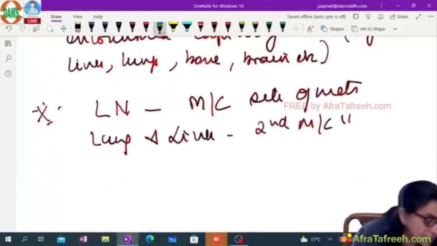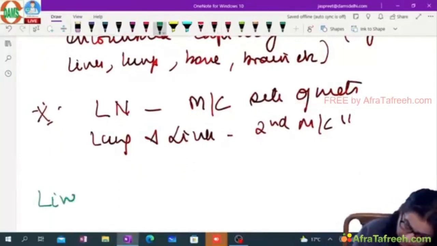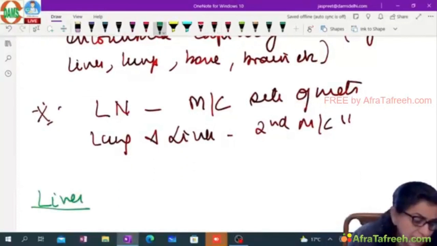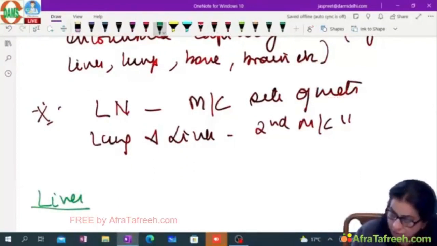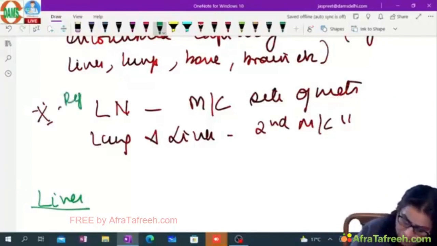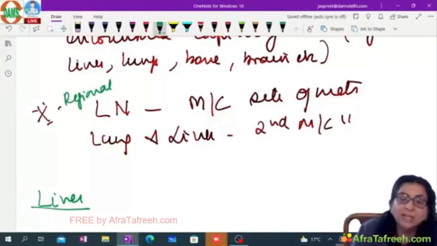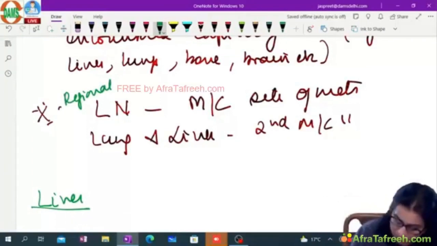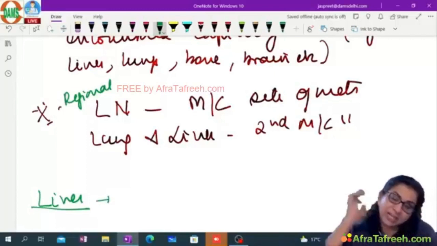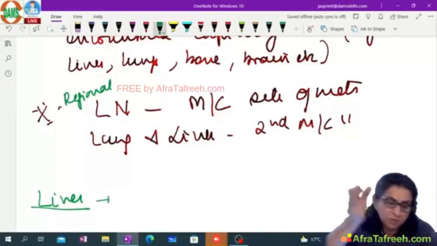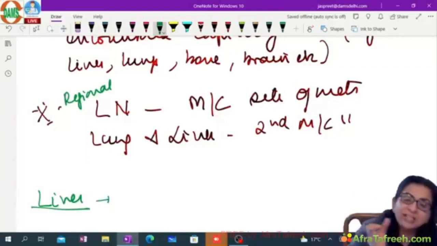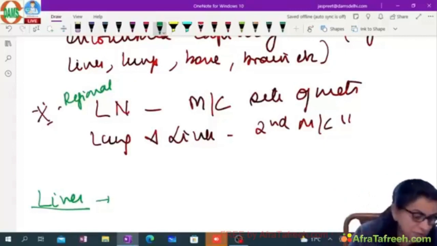Now let us see liver first. Liver and lung are the most common sites of metastasis after the regional lymph nodes. Most of the GI tract blood goes into the liver, so GI tract cancers usually metastasize to the liver.